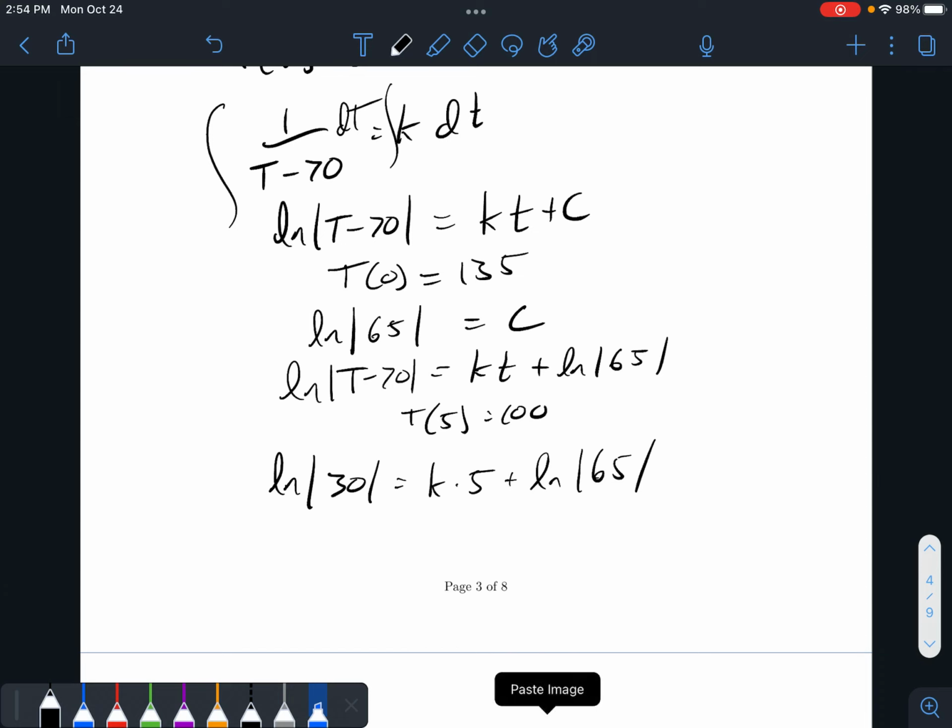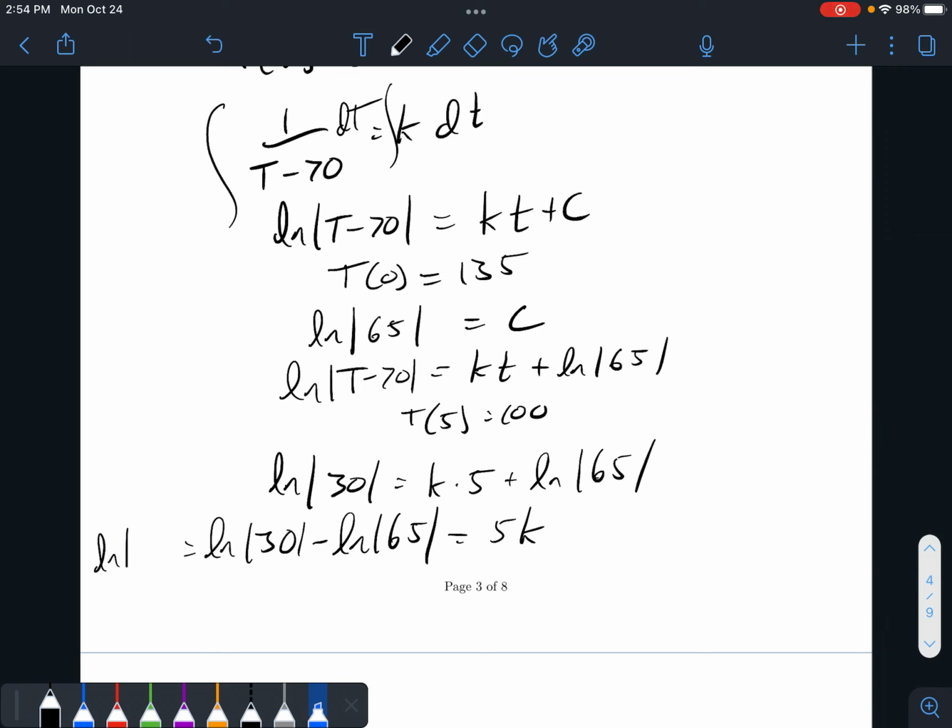Oh, actually, no, it's fine. So this is ln of 30 minus ln of 65. I don't really need these absolute values here because they're already positive. By log rules, this is equal to ln of 30 over 65, and so k is equal to a fifth of that.